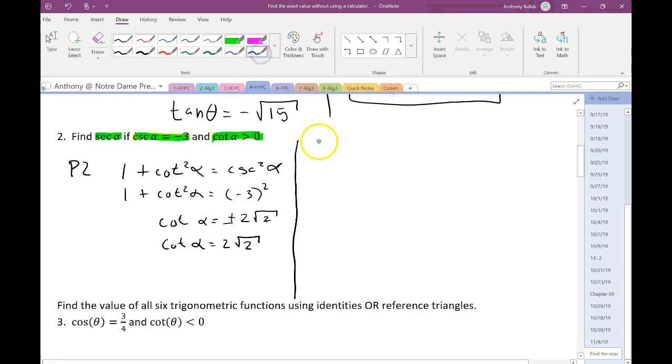So this is an aside. We only wrote down this version in class, right? We could also write down this version.